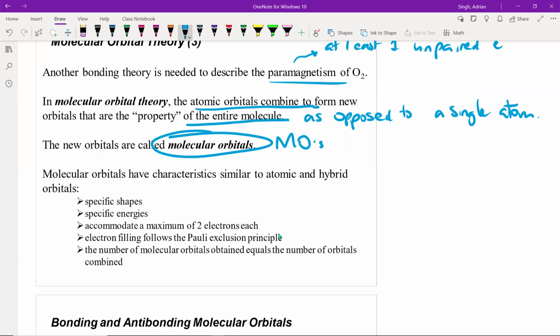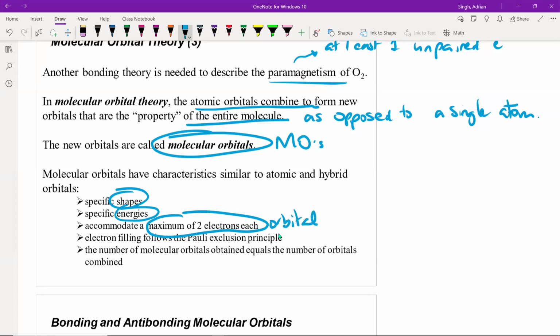The molecular orbitals are going to have very similar characteristics to both the atomic and the hybrid orbitals. They're going to have particular shapes associated with them. They will also have different energies associated with them as well. Just like with regular orbitals, there will be a maximum of 2 electrons in each orbital.